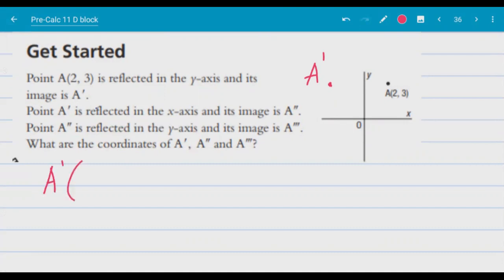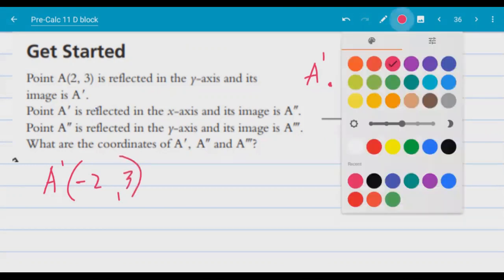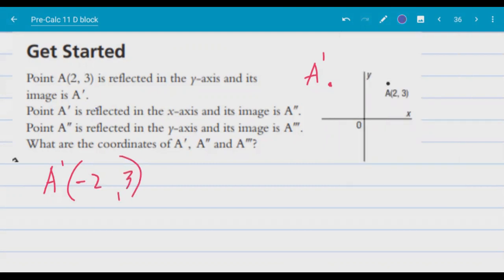It is to the left of the origin. So if A is to the right of the origin and 2 units to the right, that means A prime would be 2 units to the left, which tells us it's going to be -2. All right? Well, it's still going to be a 3 for the y. And then it's going to have another image.